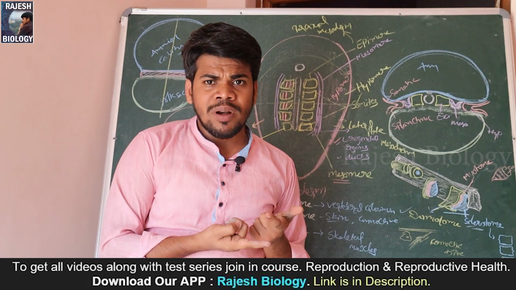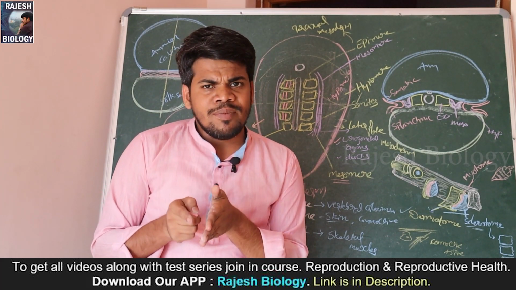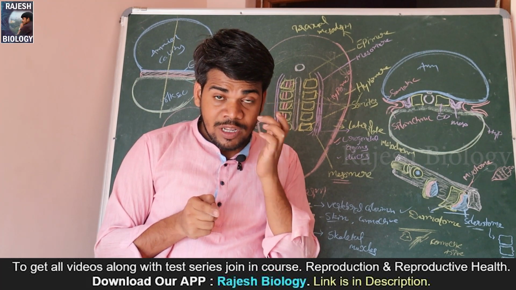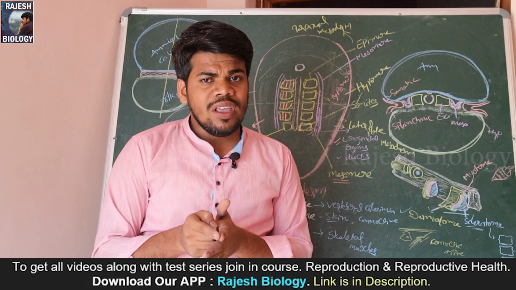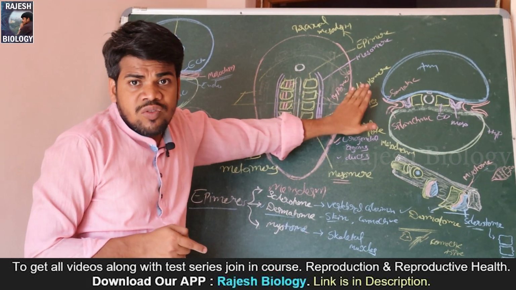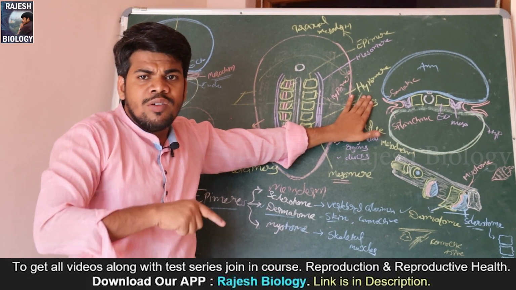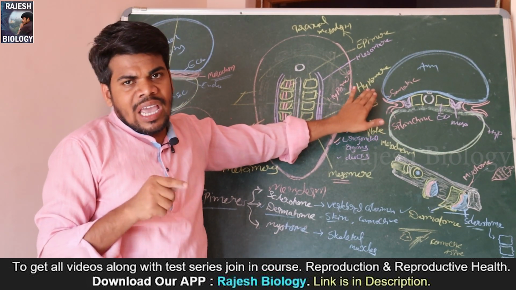Sclerotome gives the vertebral column, dermatome skin, and myotome muscles. The mesomer, or intermediate mesoderm, gives rise to the urinogenital ducts. And last, the lateral plate mesoderm forms a coelom, which gives the pleural cavity, pericardial cavity, everything.